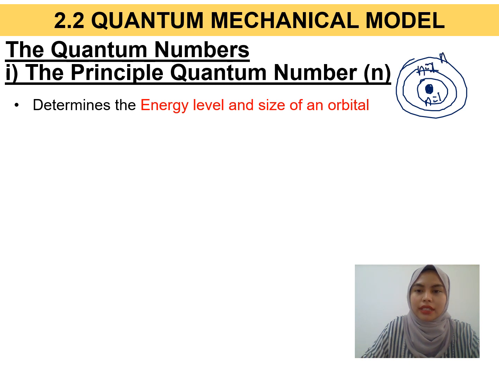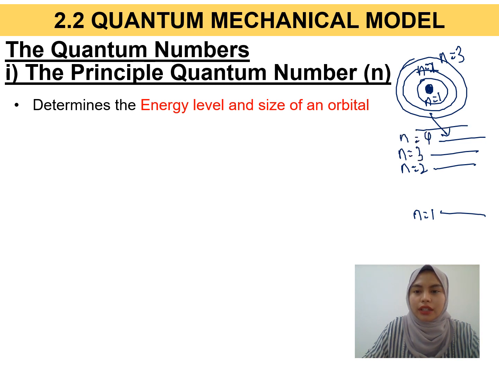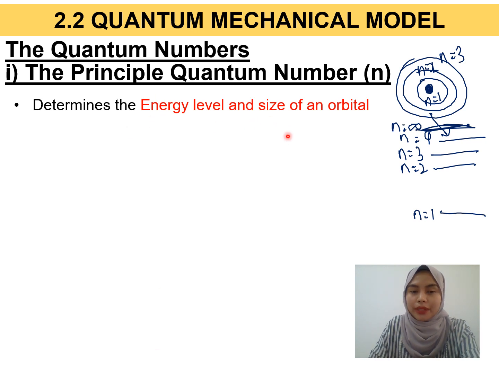And if you translate it into an energy level diagram, the lower it is, the lower the energy level, the higher it goes, the higher the energy level, until the energy level equals the continuum limit. So basically N is the energy level and size of an orbital.